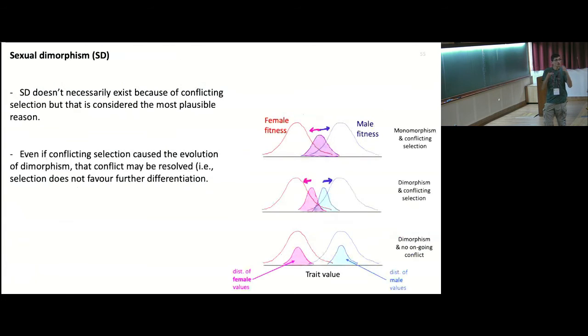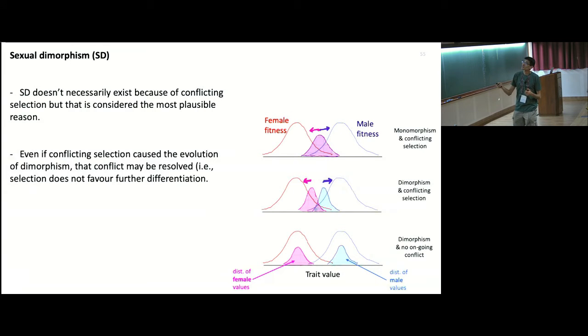Okay, so while I gave those caveats, those multiple possibilities, I think most people think that the reason that we have sexual dimorphism is because of a history of past divergent selection between the sexes, pushing males in one direction and females in another direction.